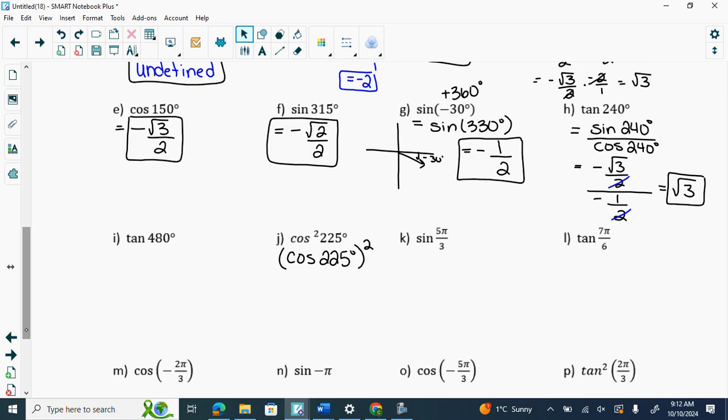480 is on our unit circle, but it's a lot easier if we find its coterminal, correct? So I'm going to subtract 360 from it, and I'm going to get tan of 120. So I'm going to get sine 120 over cos 120, because my unit circle gives me those values. What is sine of 120?